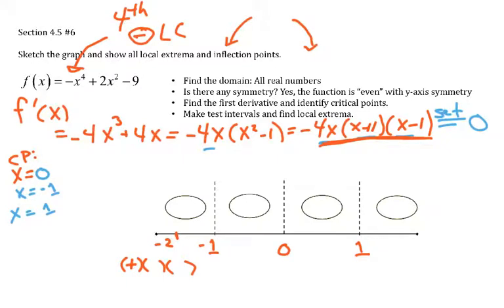Put negative 2 in the second factor, which is x plus 1, that is negative. Put negative 2 in the third factor, and that is negative. So my derivative is positive in this first interval, which means the original function is increasing, which agrees with my end behavior up here.